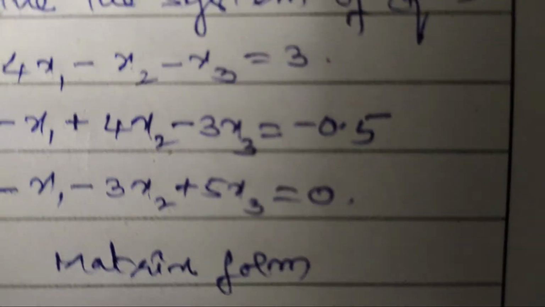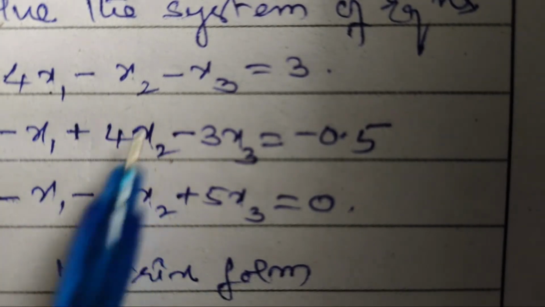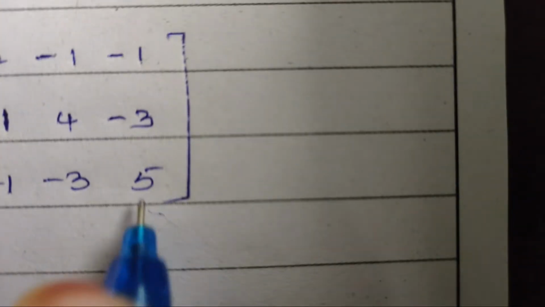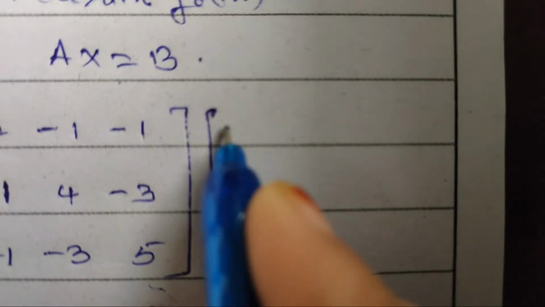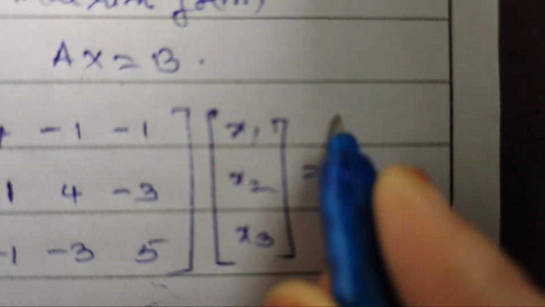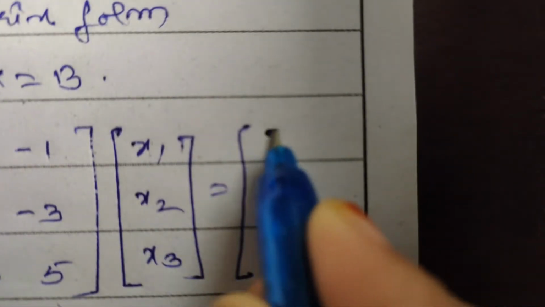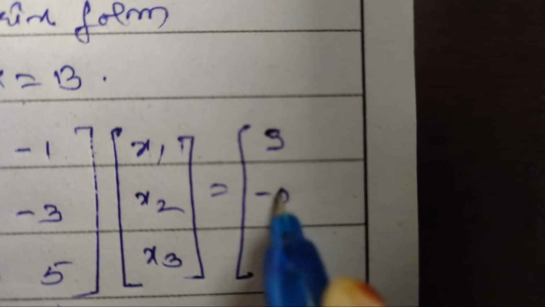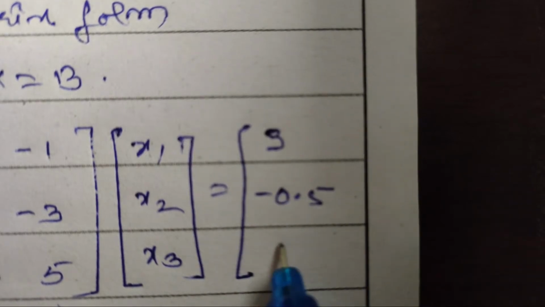Your unknowns are x1, x2, x3, and your B matrix is 3, minus 0.5 and 0.